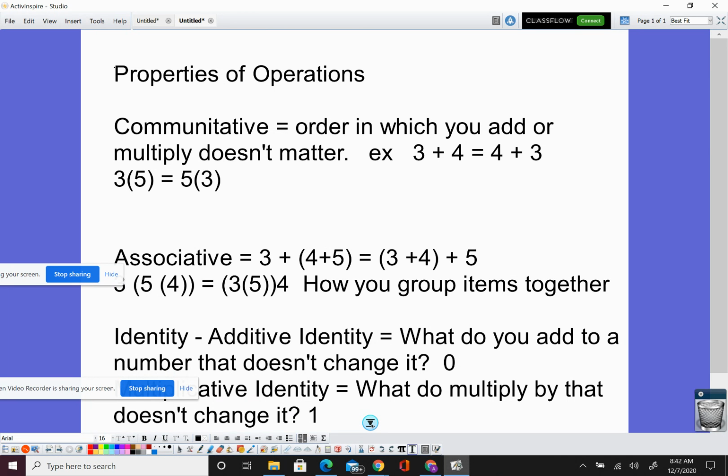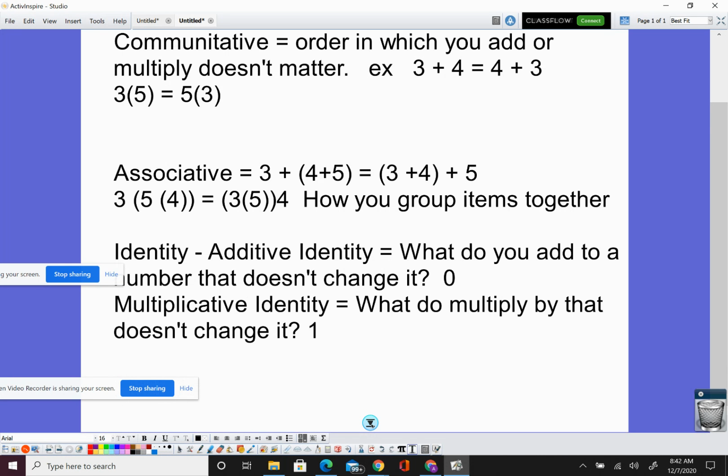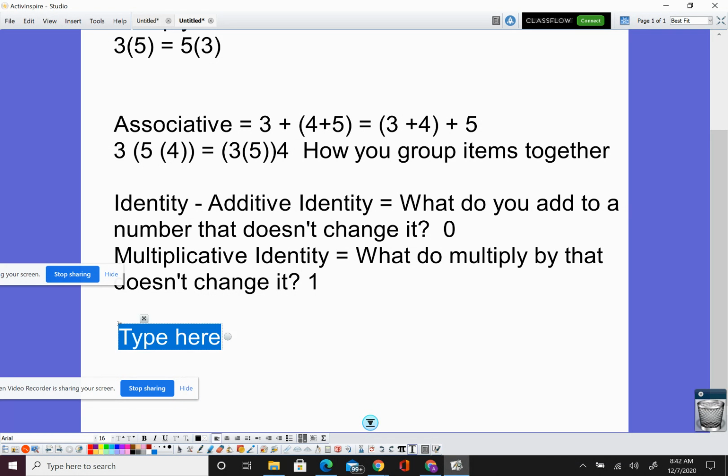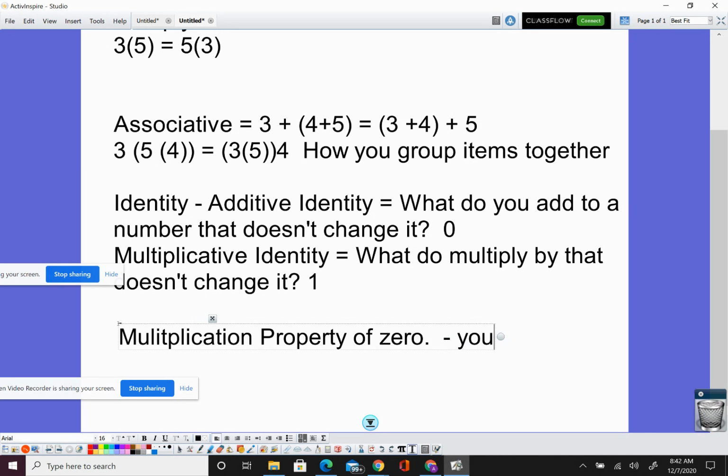And then there's one more property that we're going to talk about, and that's the multiplication property of 0. When you multiply by 0, what happens? You get 0. Yes, you get 0 when you multiply by 0. And sometimes they will give you a problem like this.